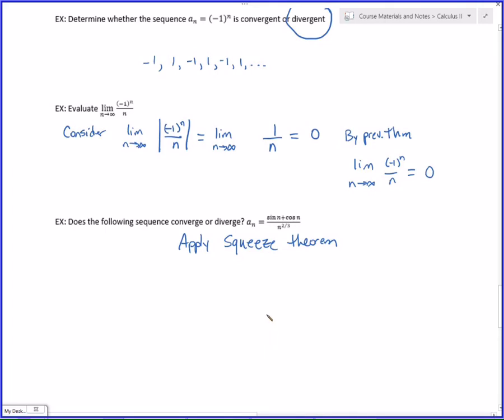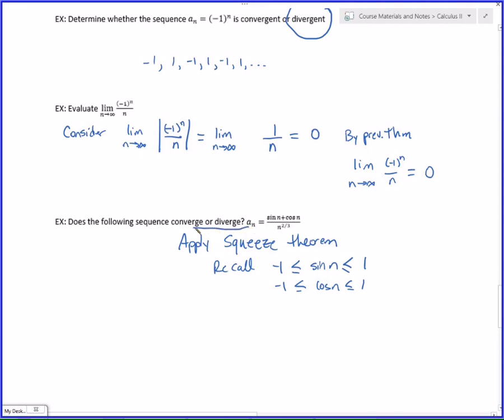The clue that tells you the squeeze theorem is a good idea is the fact that the sines and cosines are in there. Because sine and cosine are both functions that are always bounded between negative 1 and positive 1. Recall that sine of n is less than or equal to 1 and bigger than or equal to negative 1, and so is cosine.